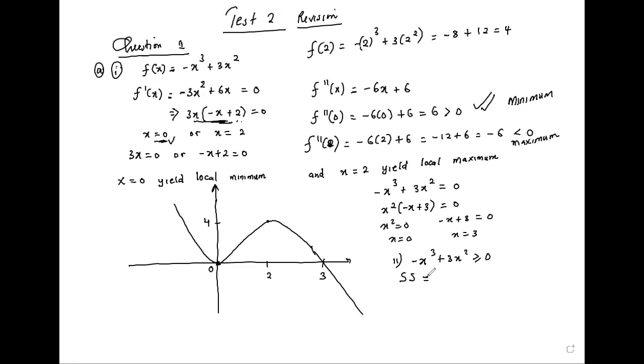You see, the curve is above the x-axis here, and here. Since they have said included, you say from minus infinity all the way up to 3, included. Because at 0, it's 0, and yet the inequality includes 0. So that's why we also include it.